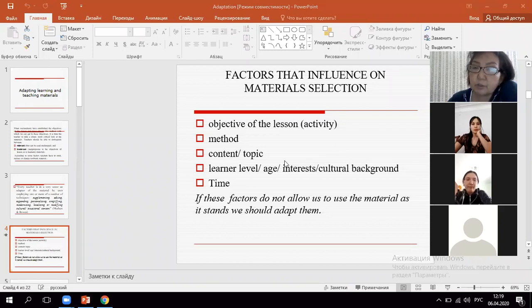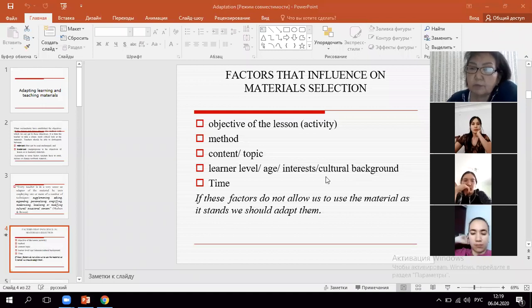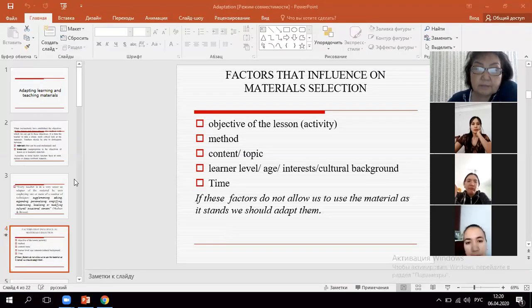So according to the topic or the content, we usually select materials. And also learners' level, their age, their interests, their cultural background also influence our material selection. And the time of the learning. If one of these factors does not allow us to use the material as it stands, we should adapt it.